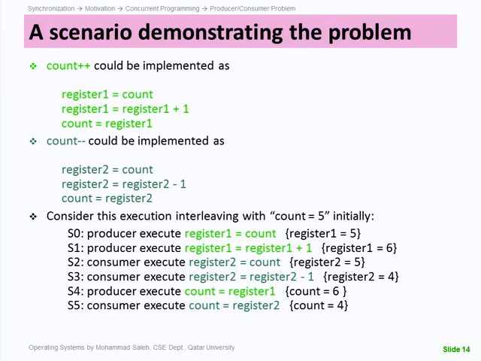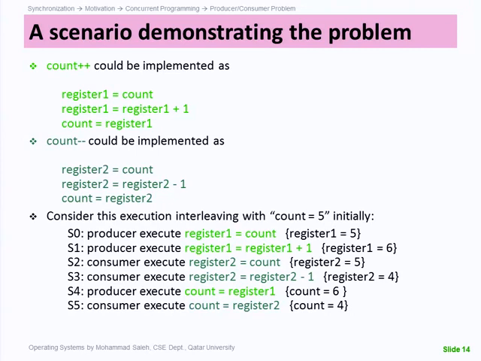While actually, the correct value of count is none of them. Because we had 5, we have 1 item produced, 1 item consumed, so we again have 5. This is the worst case, in which the 3 values are different: the one that should be, the one that is seen by the producer, and the one that is seen by the consumer. So this is an inconsistent view of the data. Do you understand? Okay.